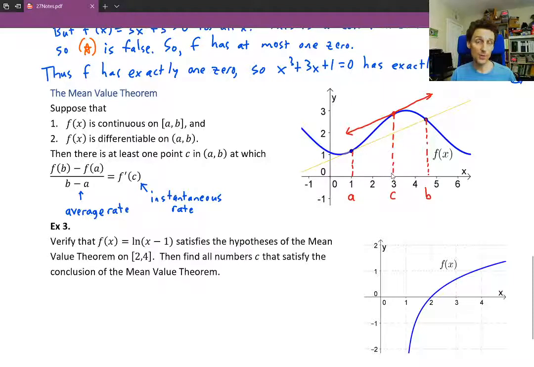Sometimes you could be going a little bit faster than 60 miles per hour, sometimes slower. But if your average speed is 60 miles per hour, then at some point along your trip, you had to be going exactly 60 miles per hour. In other words, the instantaneous speed somewhere on your trip has to be equal to your average speed, or the slope of the tangent line has to equal the slope of the secant line. That's what the mean value theorem is saying.